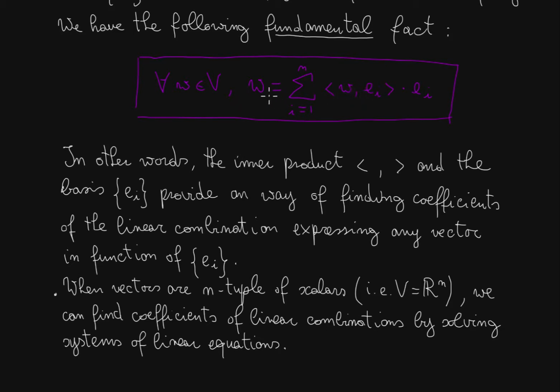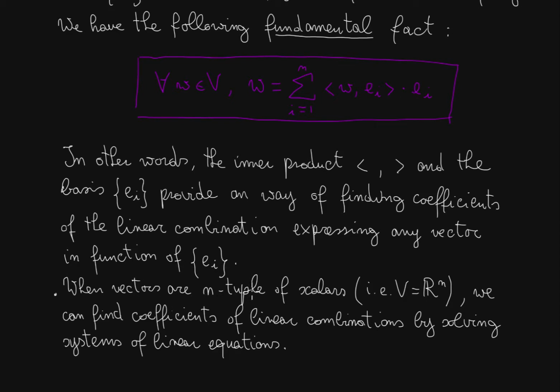We just have to take the vector w itself and take the inner product with each of the basis vectors in turn. So if the basis vector is e_i, we will be computing the inner product of w with e_i. In other words, the inner product and the basis e_i provide a way of finding the coefficients of the linear combination expressing any vector in terms of the e_i.